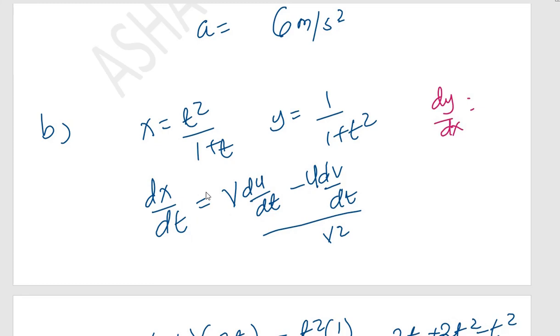We are going to use the quotient rule, and we are assuming that this is our u and this is our v.